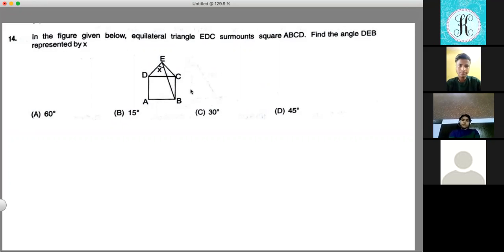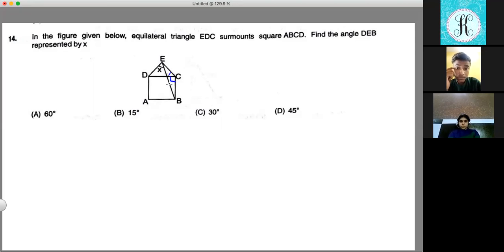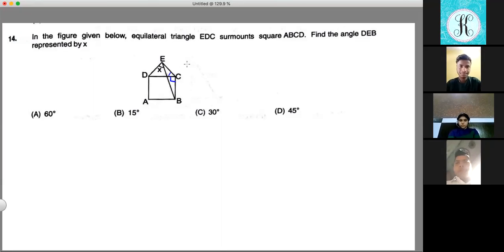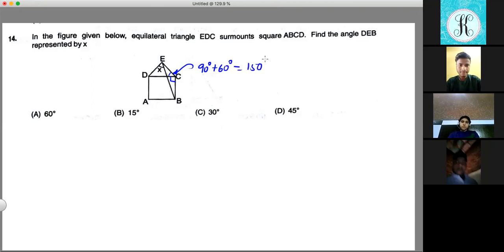How will we do this question? See, we know this is 90 degree. We know this is 60 degree. So how much is total? 90 degree plus 60 degree. So 150 degree is this angle.